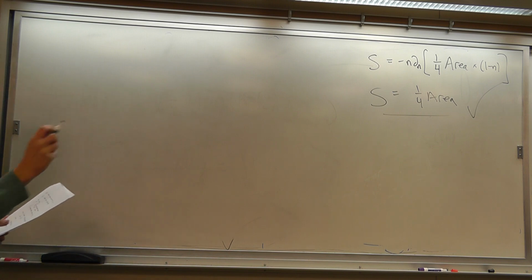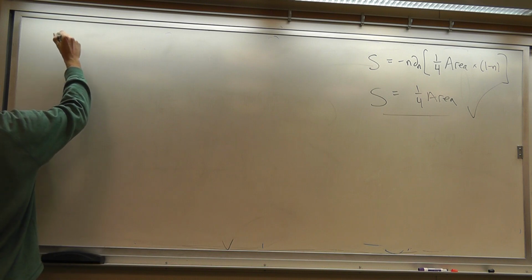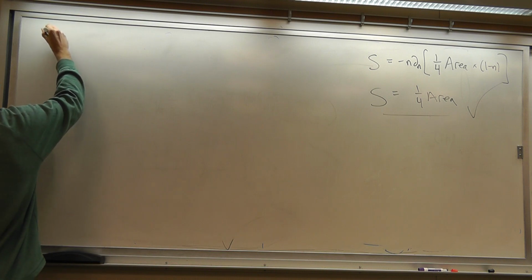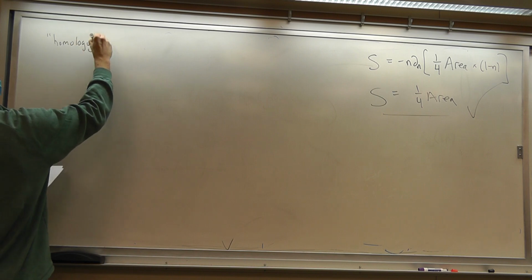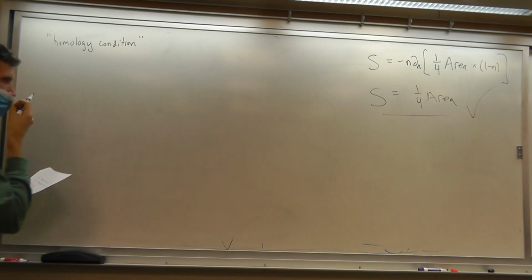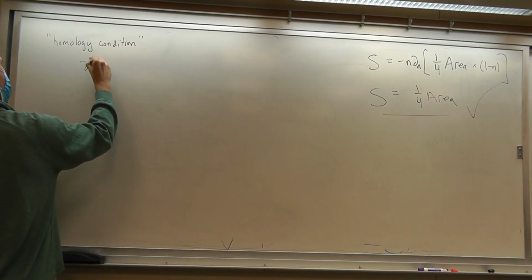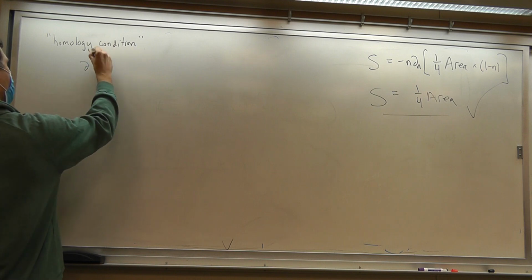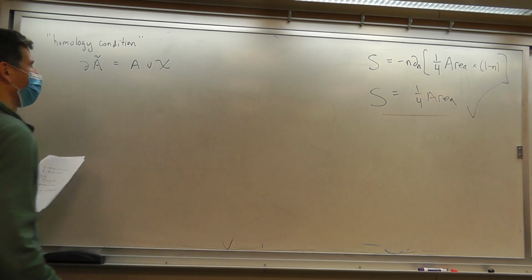Okay, a couple other comments. We haven't quite finished defining the formula. The last thing we need to specify is the homology condition. Now, I kind of did this with my picture, but the homology condition says that the boundary of A tilde is A union chi.